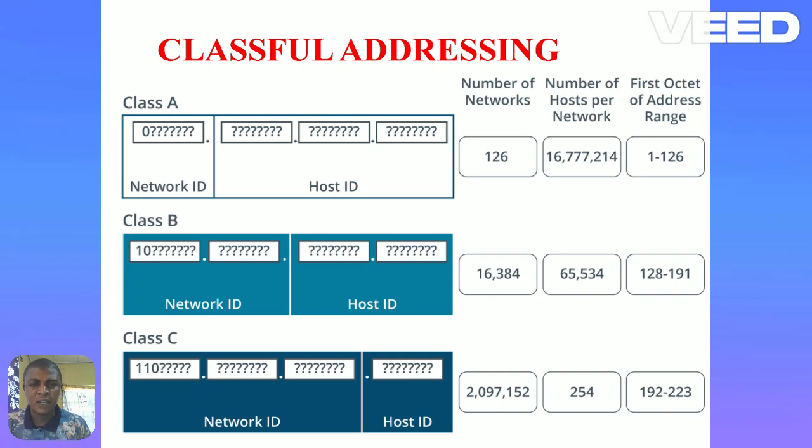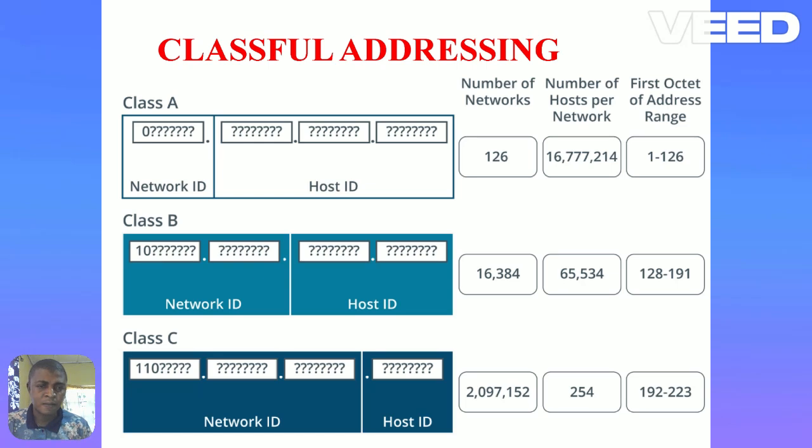Moving ahead, we have the IP version 4 address scheme design. You can check the slide out. So we have the classful addressing. When we have the classful addressing, you can see the way it's listed now. Under class A, the number of networks is 126.